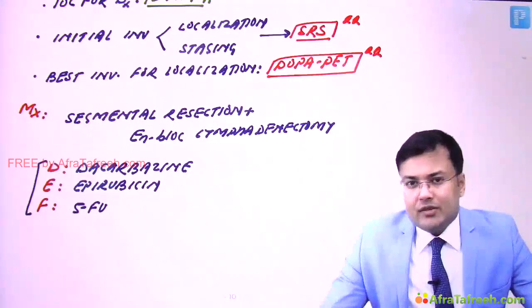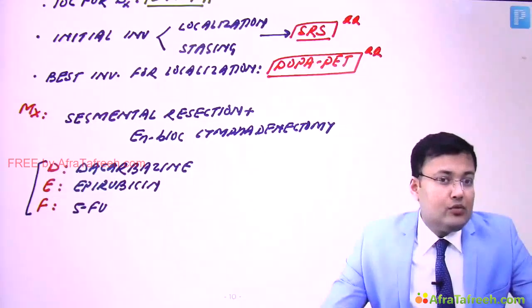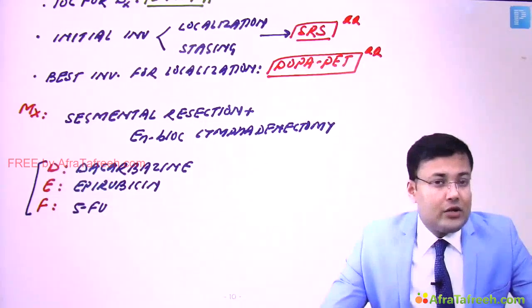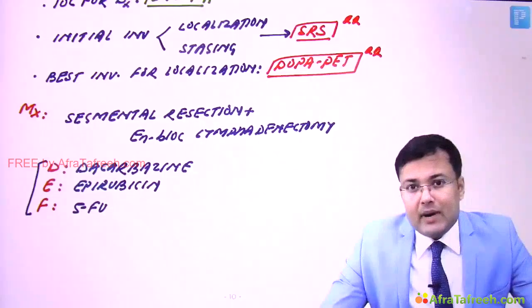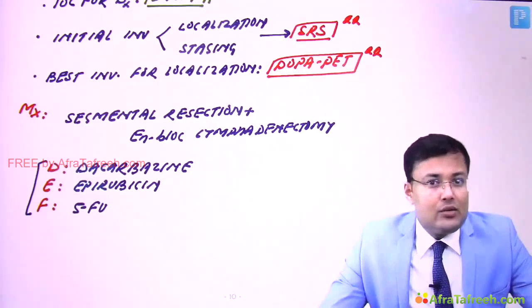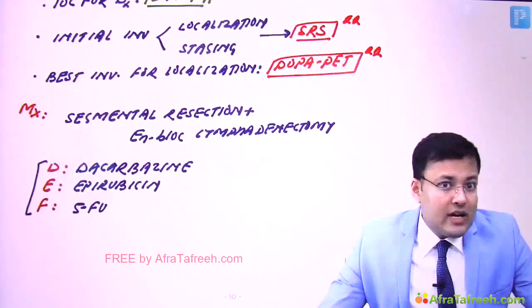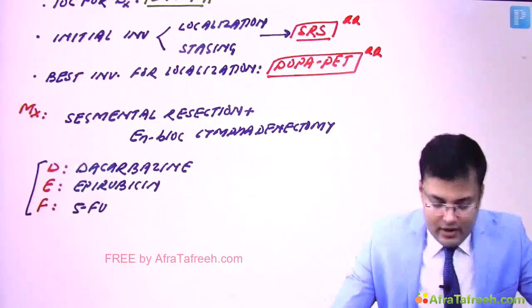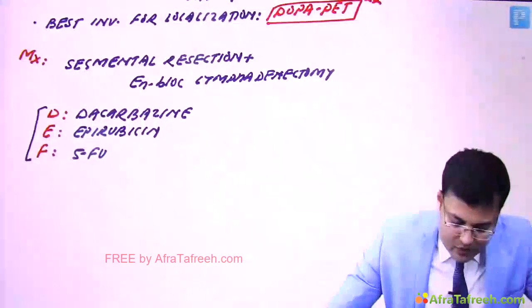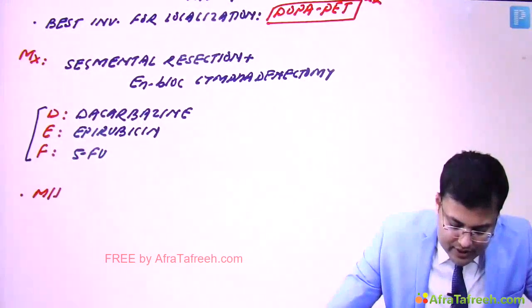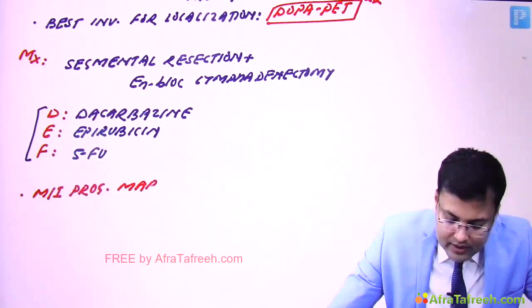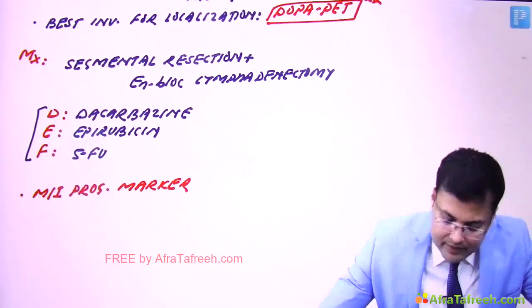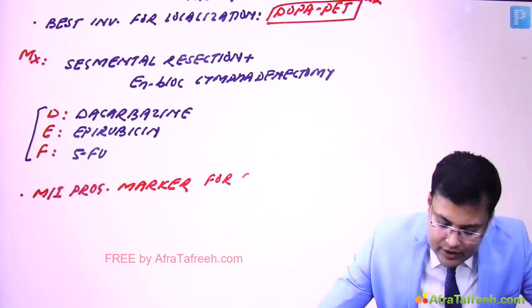There is one question which is asked in pathology related to prognostic marker. So what is the most important prognostic marker related to carcinoid tumors? And it's chromogranin A. This chromogranin A is raised in 100% patients of carcinoid tumors. The most important prognostic marker for carcinoid tumors.